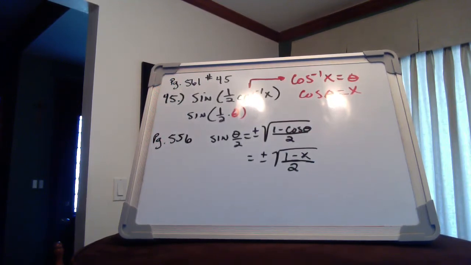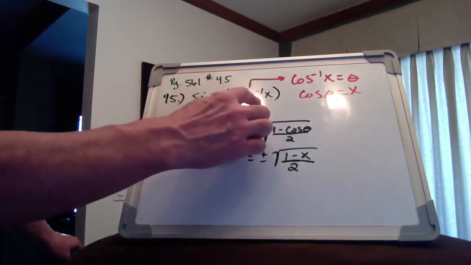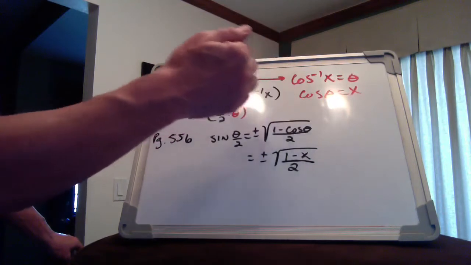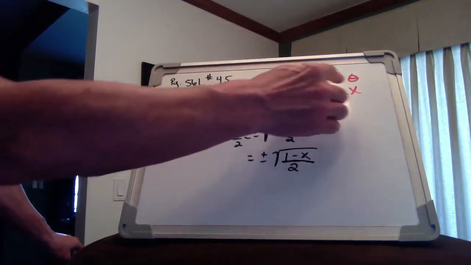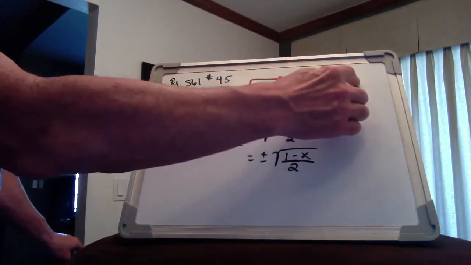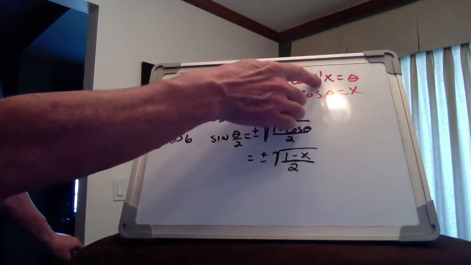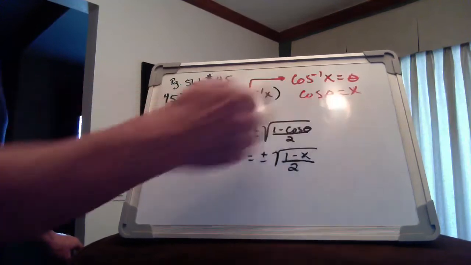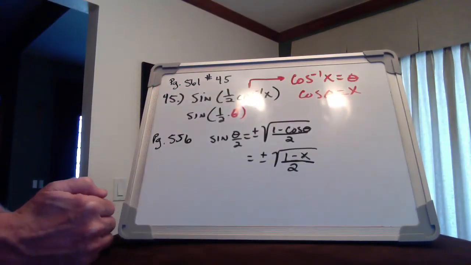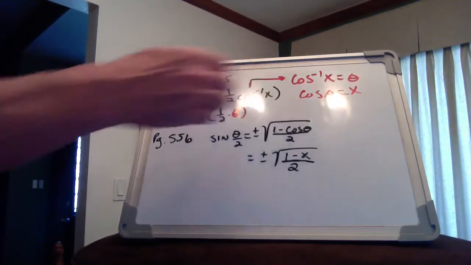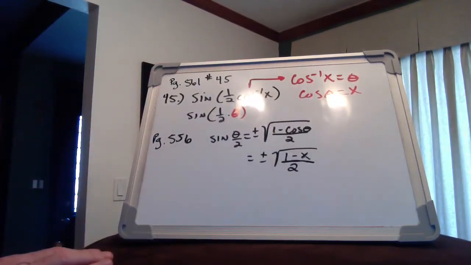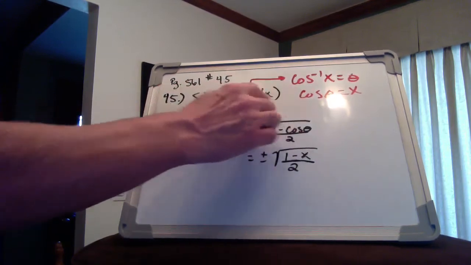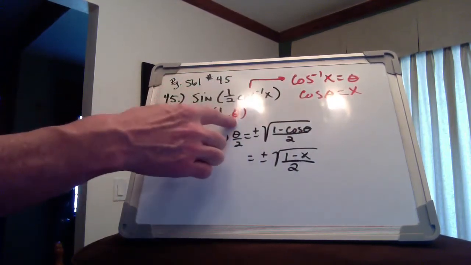So I converted the inverse cosine of x. Remember, you're looking for the angle whose cosine is x. This means you're looking for the angle. Remember that this is also converted to this. It also means the cosine of theta is equal to x. These two mean the same thing. Knowing that this represents the angle theta, I just replace this with theta right here.